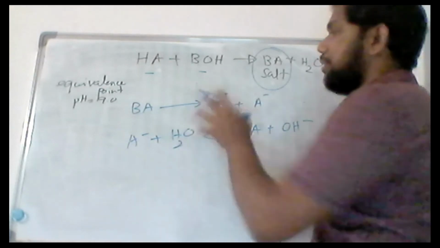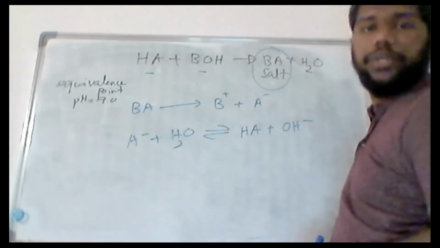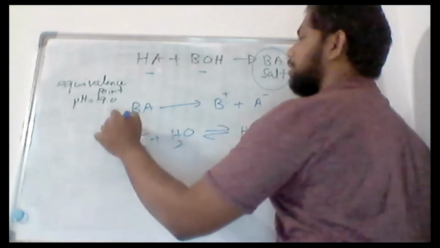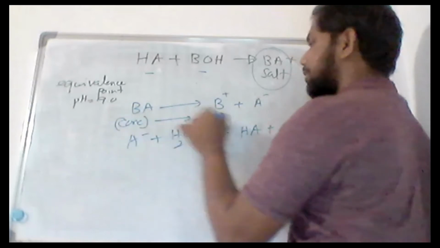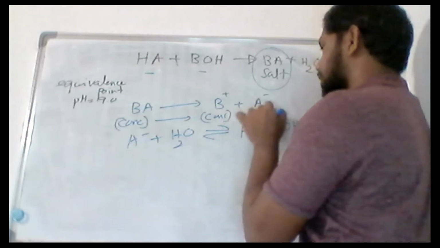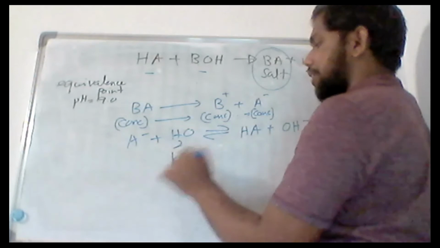So this is the salt hydrolysis that we are going to expect at equivalence point. This is the concentration of B+, and this is the concentration of the same A minus.